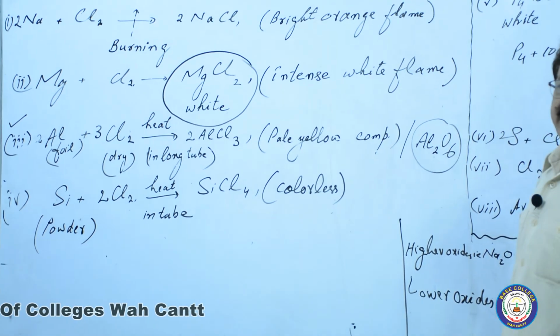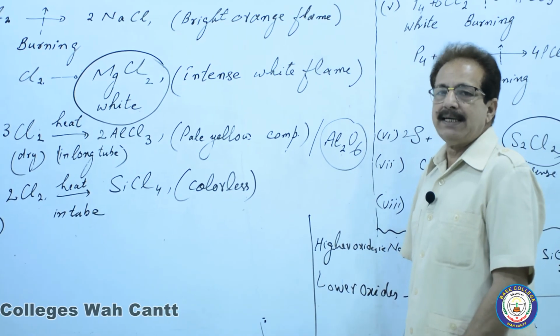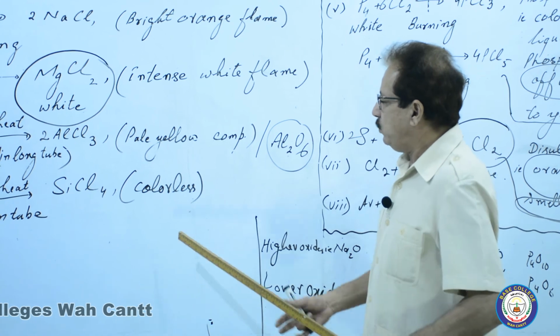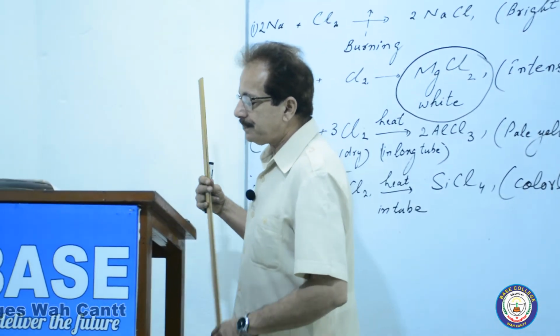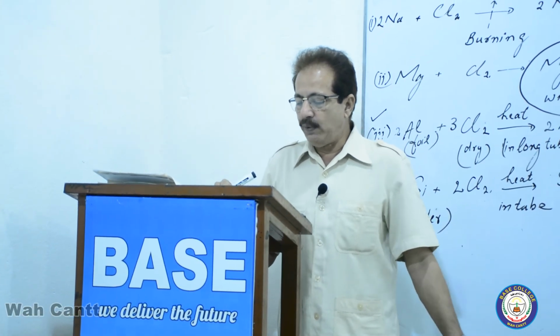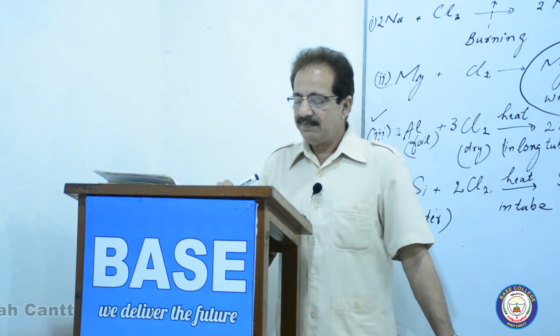This is the second MCQ. And the third one is about its color, it is colorless. Silicon tetrachloride is colorless. You have to pick this color and write it as the answer for question number 2 in the quick quiz.